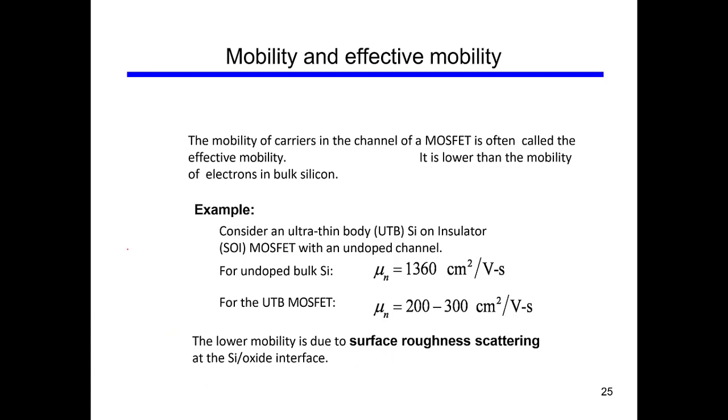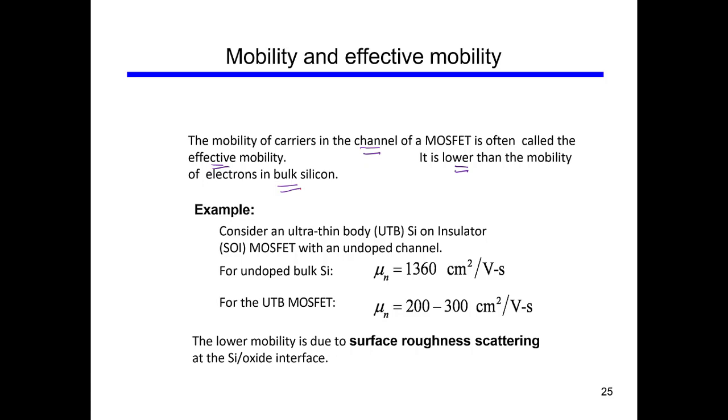So what is mobility and effective mobility? The mobility of carriers in a channel of a MOSFET is often called effective mobility. Why is it called effective mobility? Because it is lower than the mobility of electrons in bulk silicon. Bulk silicon means silicon with no impurities.